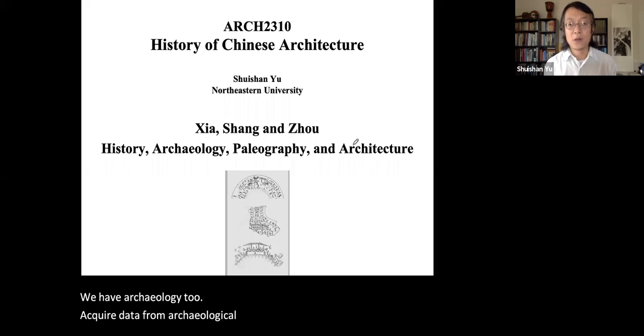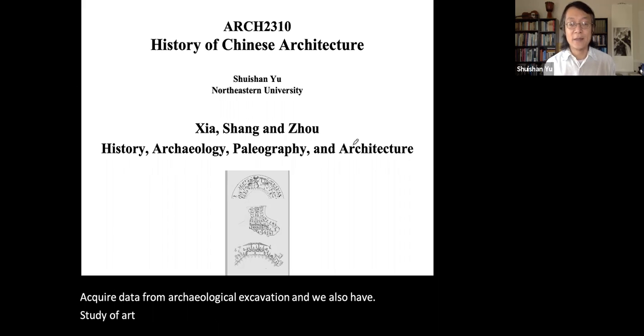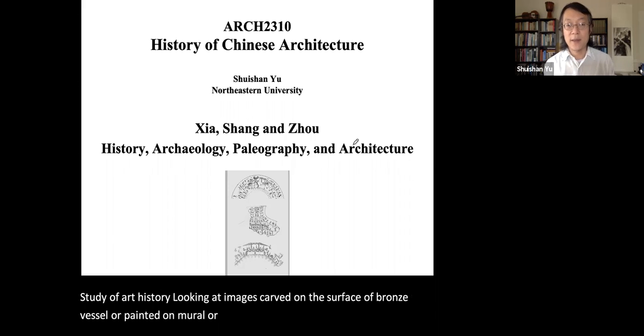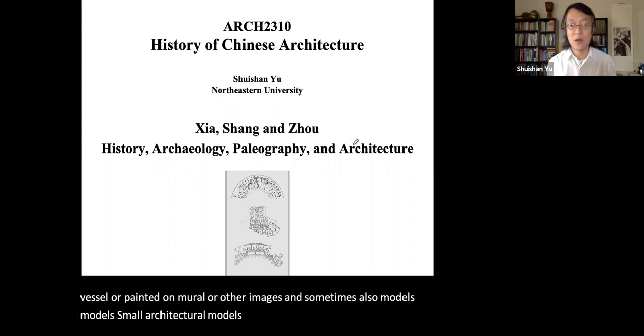And we also have study of art history, looking at images carved on the surface of bronze vessel or painted on mural, or other images, and sometimes also models, right? Models, small architectural models buried in the tomb, so the ancient imagery.